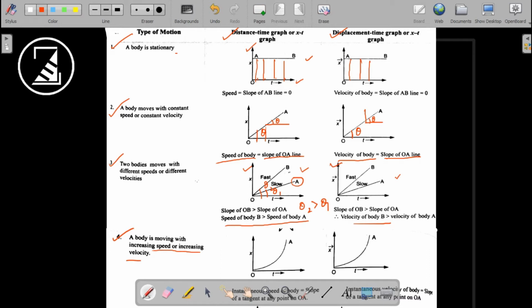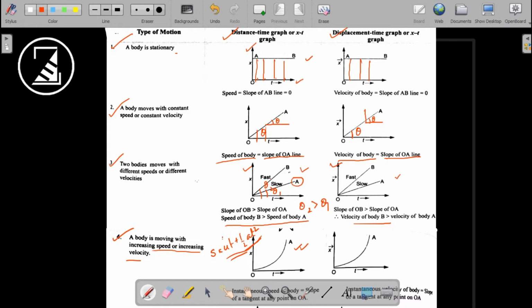That means the body is moving with uniform acceleration, and we know the formula S is equal to ut plus half a t squared. This is the equation of a parabola. If the initial velocity is 0, then S is equal to half a t squared. So this represents a parabola. The curve will be a parabola.